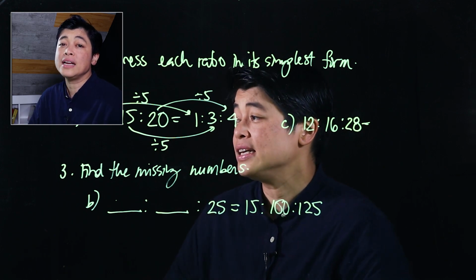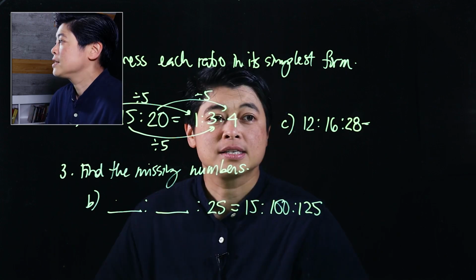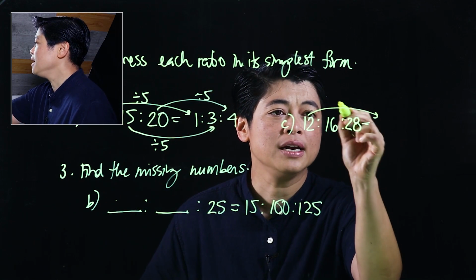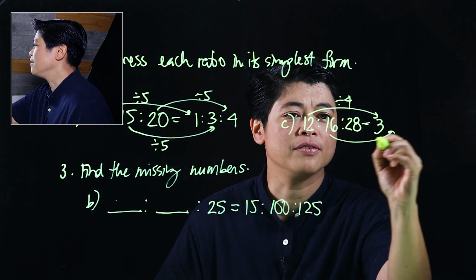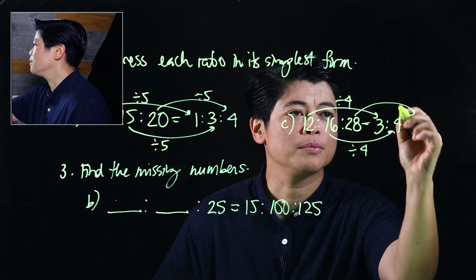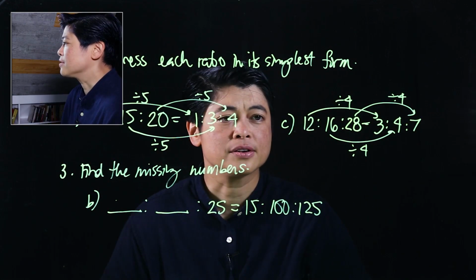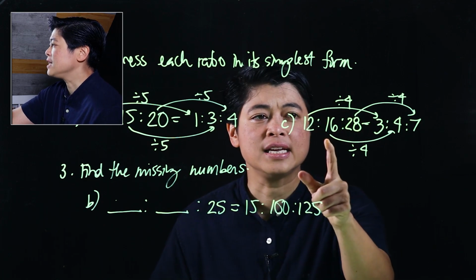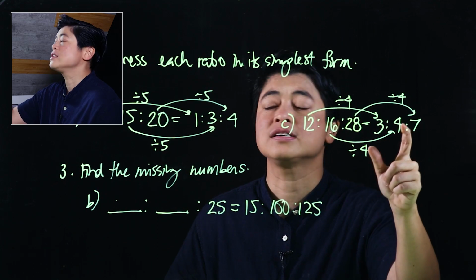That's why I said at the beginning of the lesson, we need to know our multiplication tables. So 12 divided by 4 is 3, 16 divided by 4 is 4, and 28 divided by 4 is 7. That means 12 is to 16 is to 28 is equivalent to 3 is to 4 is to 7.